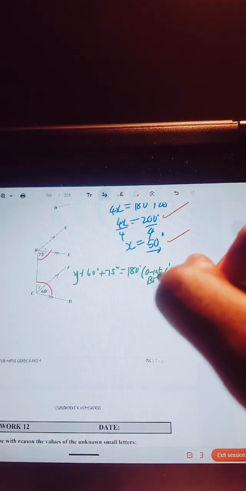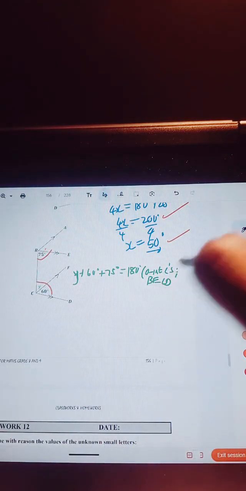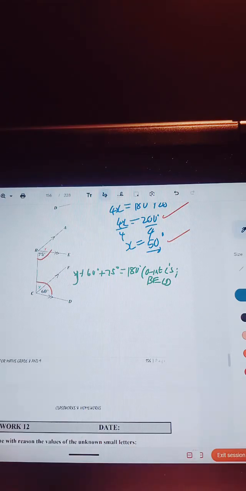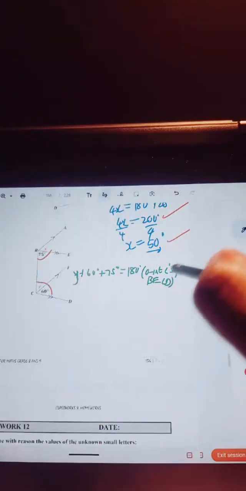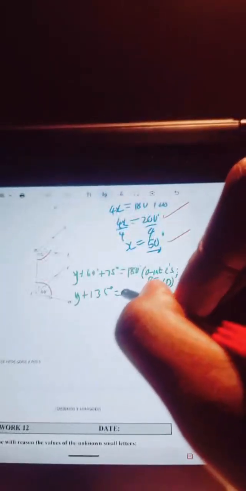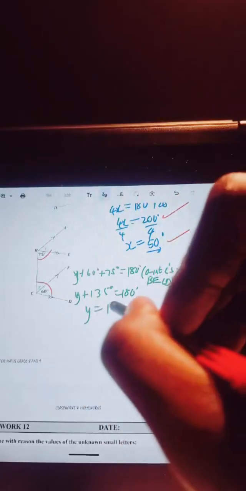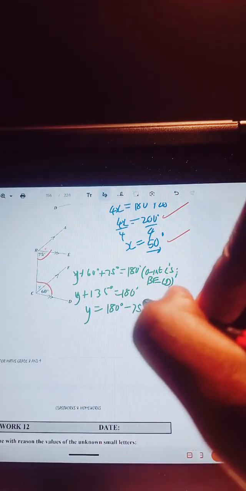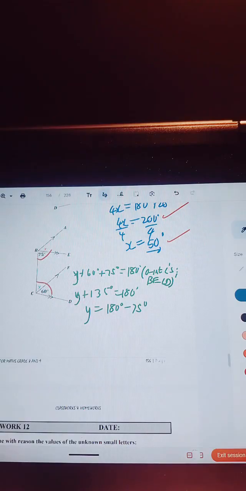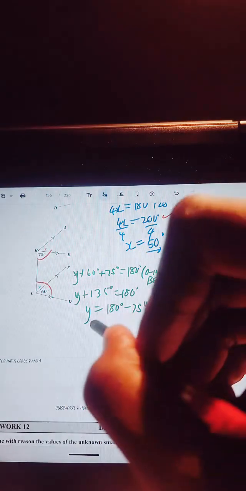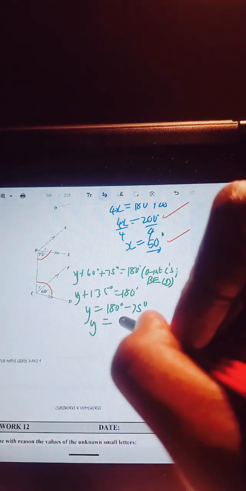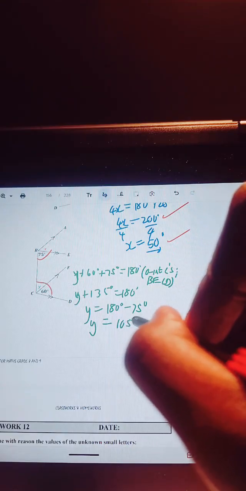Need to be careful about the letters. BE is parallel to CD this time round. Then y plus 135 degrees is equal to 180. We transpose, y is equal to 180 minus 75, we get y is equal to 105.